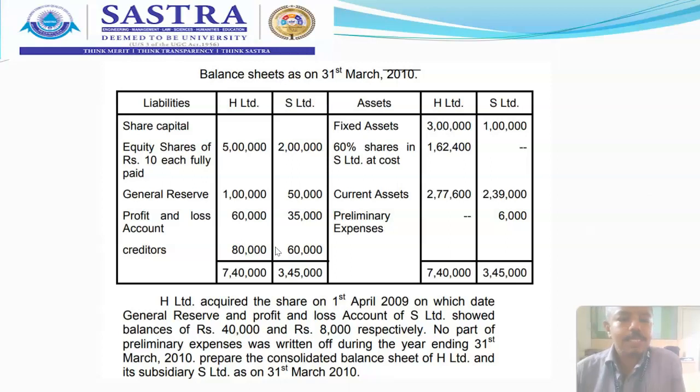It was not that they acquired these shares just in the previous year. So they were existing for a long time. So you can take total general reserve as it is from the balance sheet.